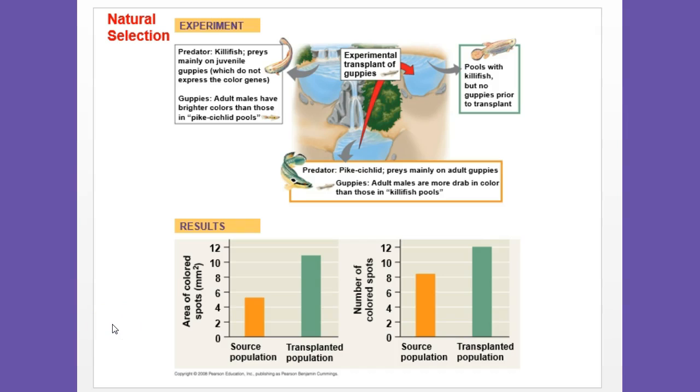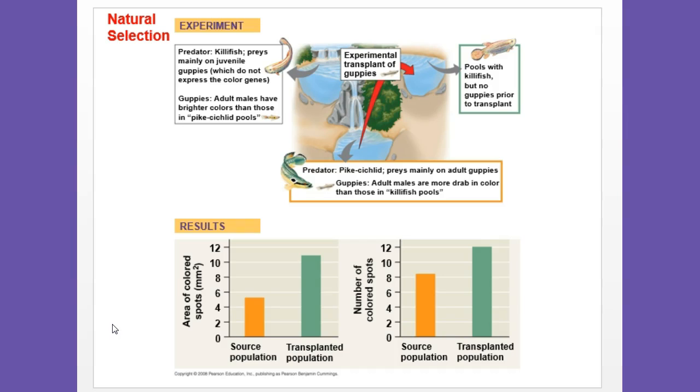What these results show is that after they allow 15 generations, the number and total area of colored spots on male guppies in the transplanted population had increased compared to those of males in the source population.